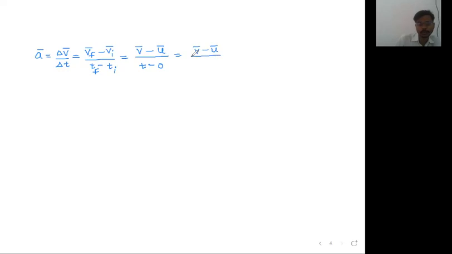Try to understand. Now this t on the left hand side, this v bar minus u bar. This minus u bar on the left hand side will become plus u bar. Interchanging left and right hand side, v bar is equal to u bar plus a bar into t.